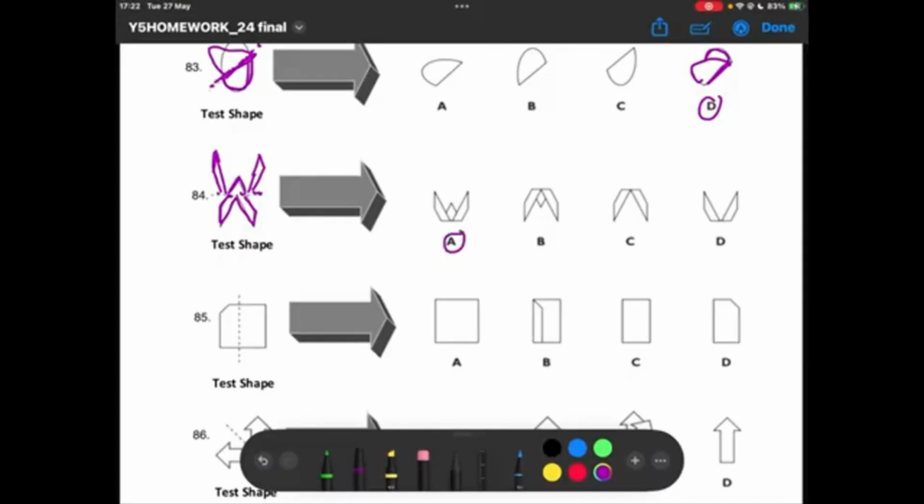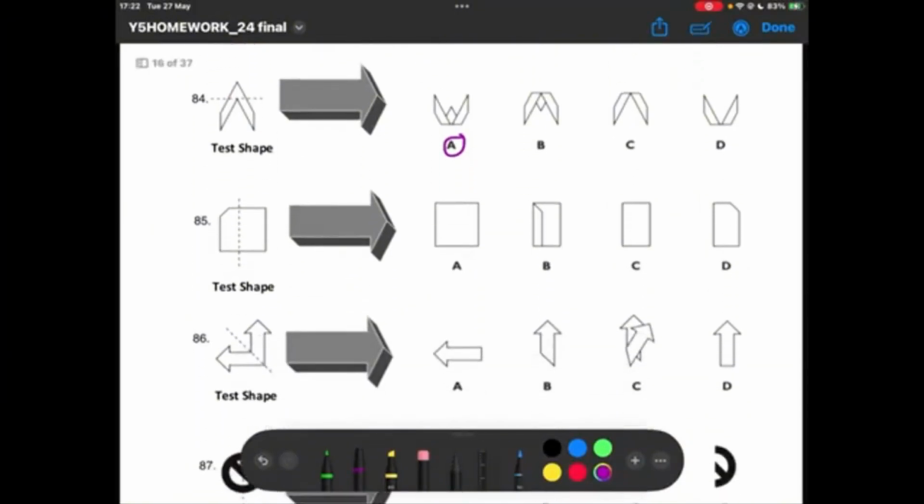So the answer is A, because this side is still going to be visible because it's going to be in between this bit here. So that's not going to disappear.